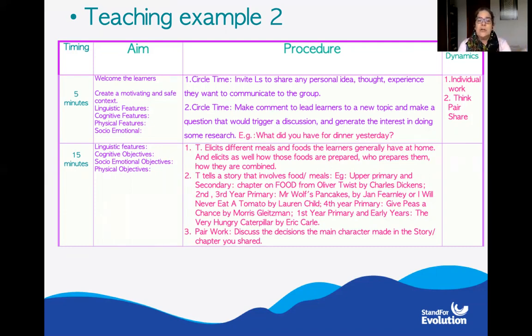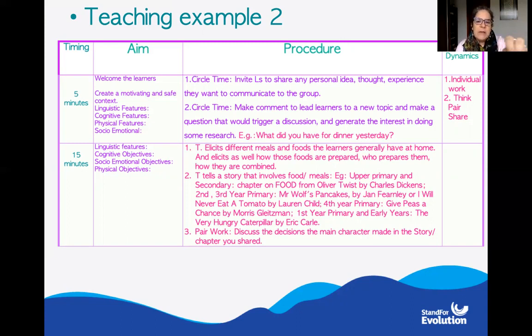The teacher elicits different meals and foods the learners generally have at home, and elicits as well how those foods are prepared, who prepares them, how they are combined, right? The different elements that go into that preparation.